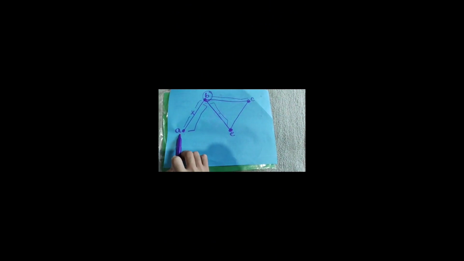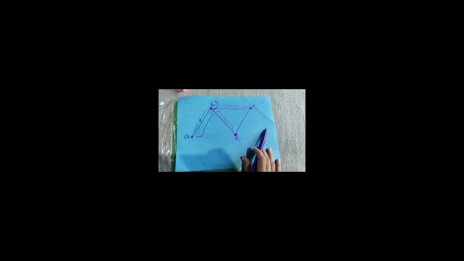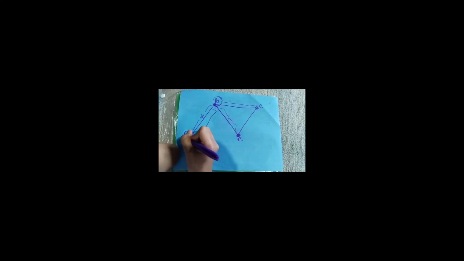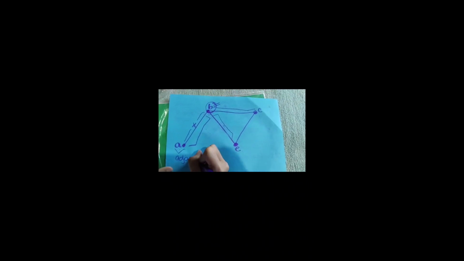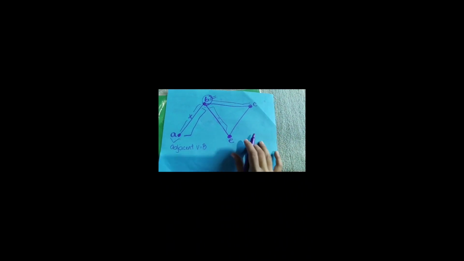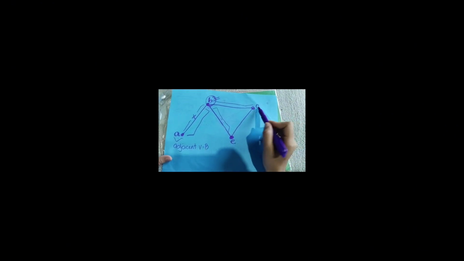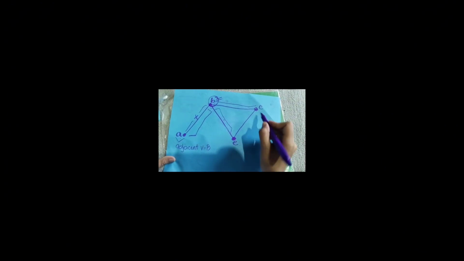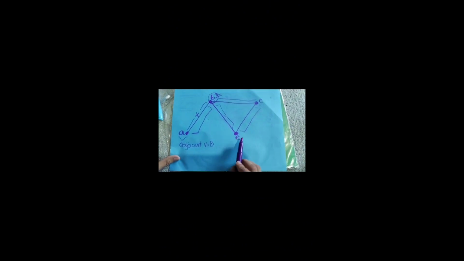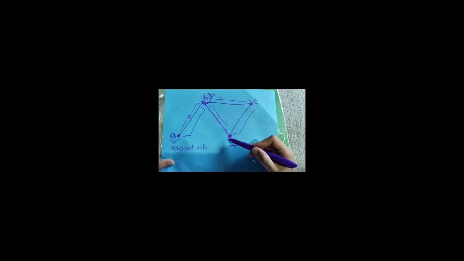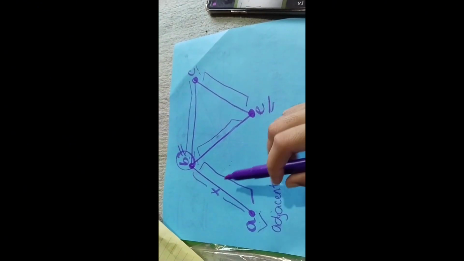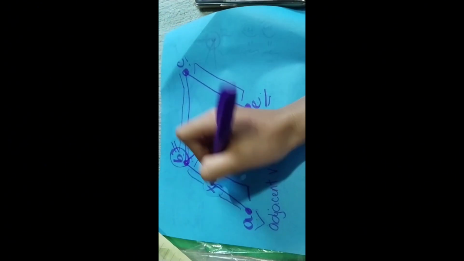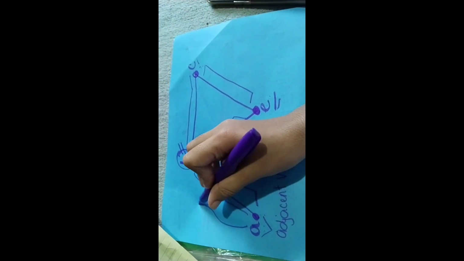These are vertex A, vertex C, and vertex E. We will also look for the adjacent of A. The only adjacent of A is B. And vertex C is adjacent to B and adjacent to E. And lastly, E is adjacent to C and B. Take note that in this graph, X is incident to A and B.